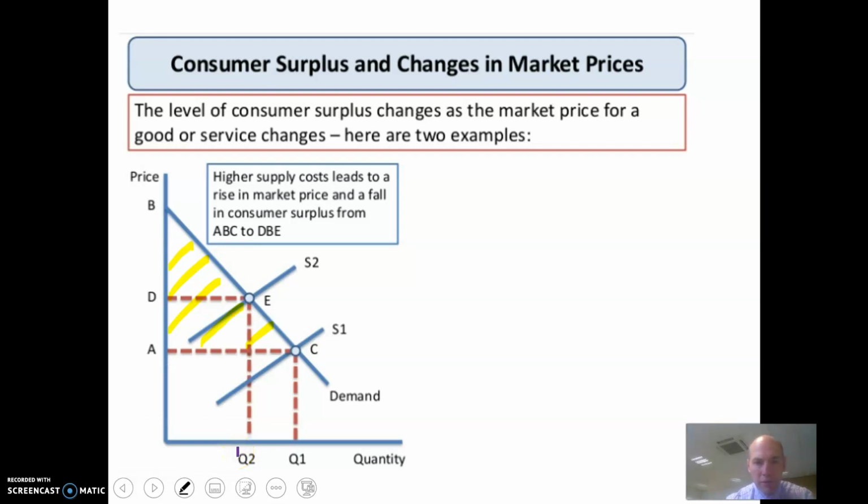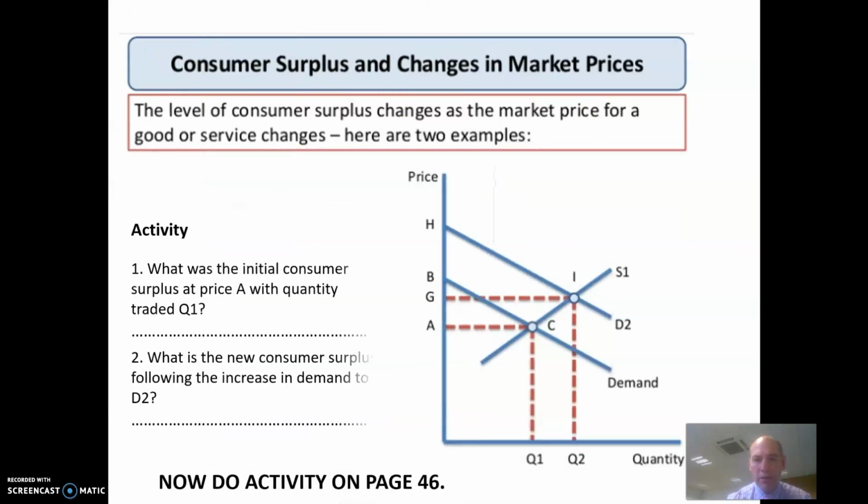It was ABC, but when supply falls in this particular instance, the new price will become 0D, and as a result it will become this area here. So consumer surplus has been reduced on this occasion.